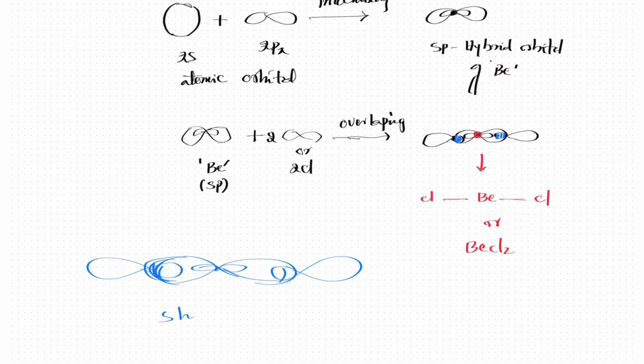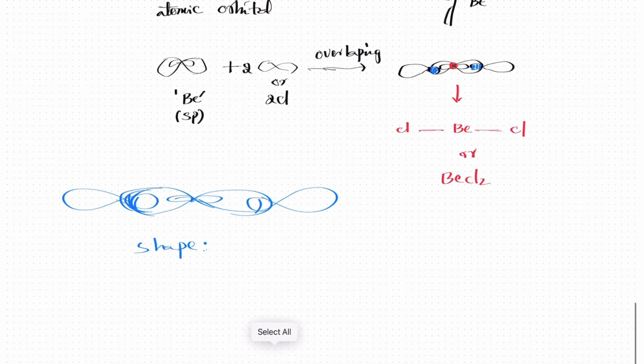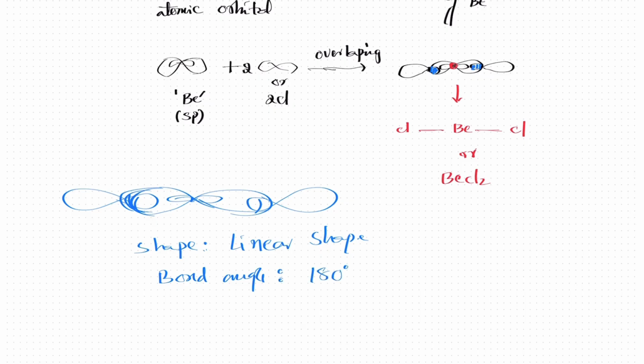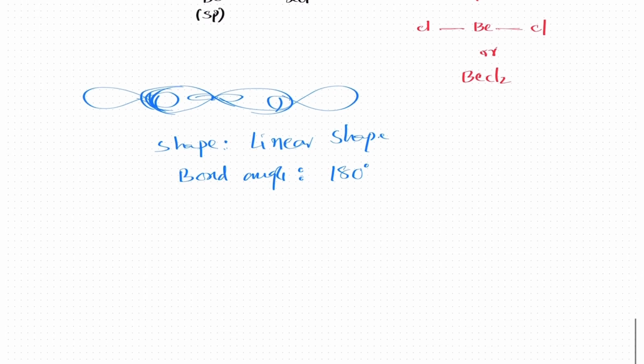What is the shape of this molecule? Linear shape. And what is the bond angle here? Linear means the bond angle is 180 degrees. So this molecule's bond angle is 180 degrees.